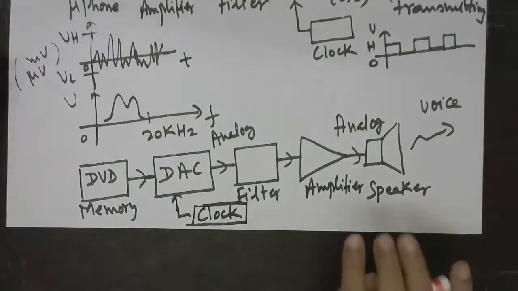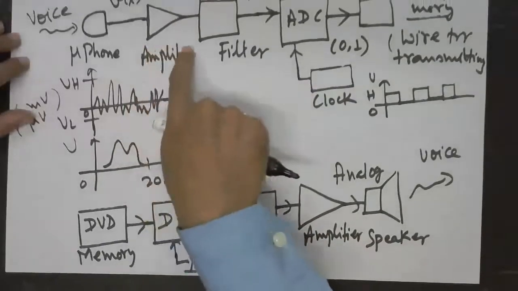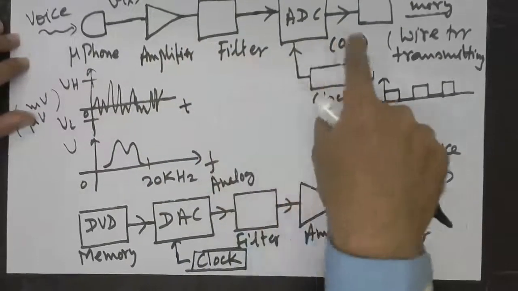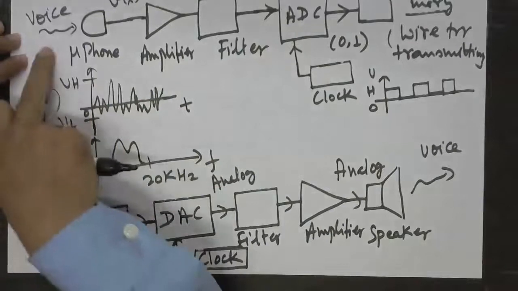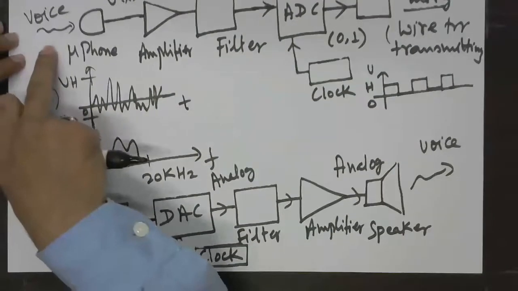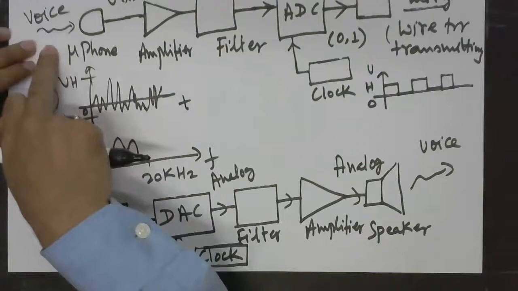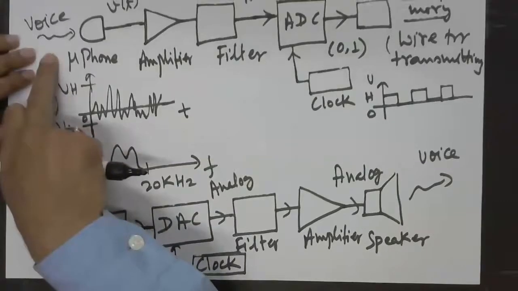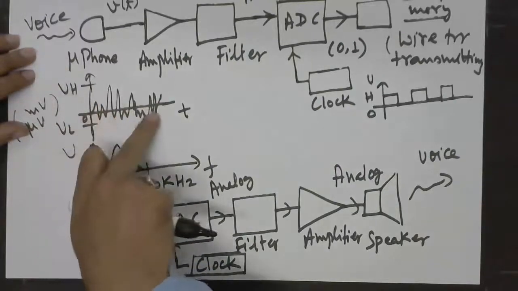So here you can see that the ultimate goal of any circuit, whether amplifier, filter, ADC, is to process the signal which are created in real life or physical world. And if you observe the signals which are produced in physical world, whether the voice signal or whether the image signal, so they will always be of continuous nature.